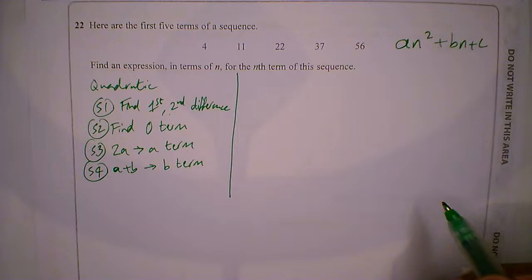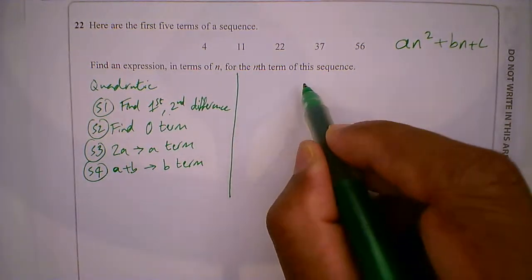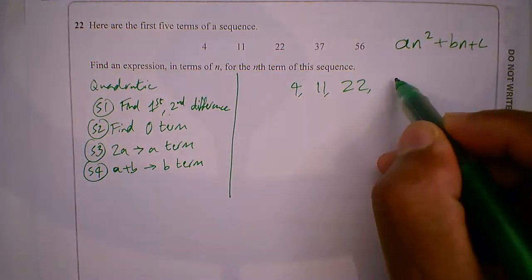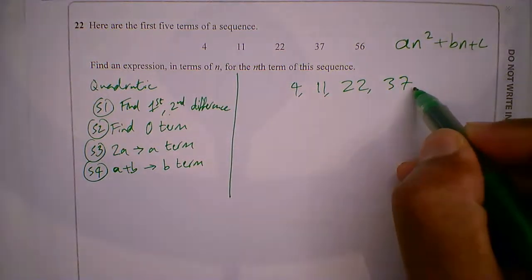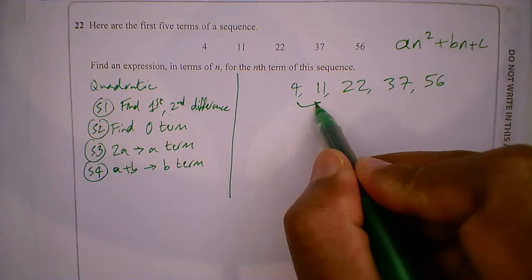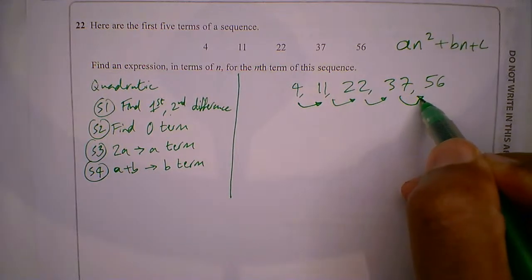What do I do? So let's rewrite this sequence here. I'm going to leave some space because I need that. 4, 11, 22, 37, 56. What's my first difference?